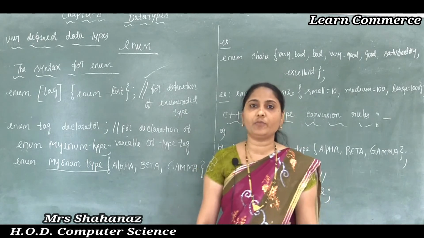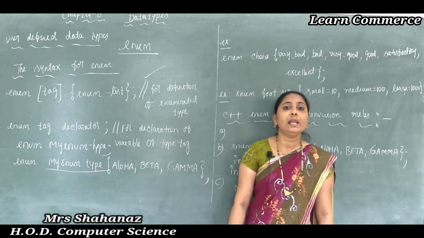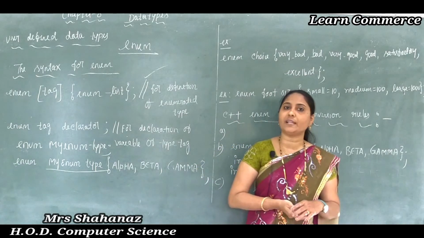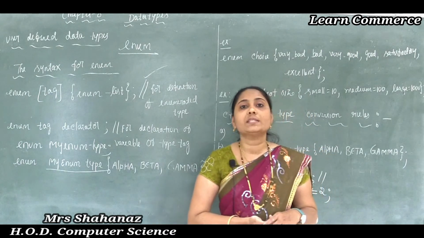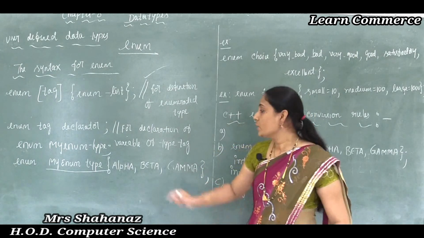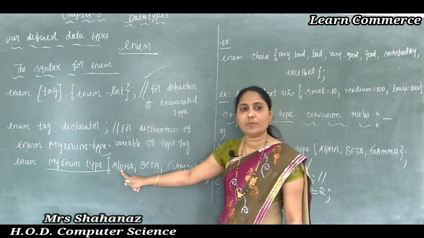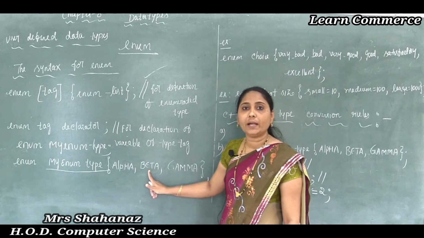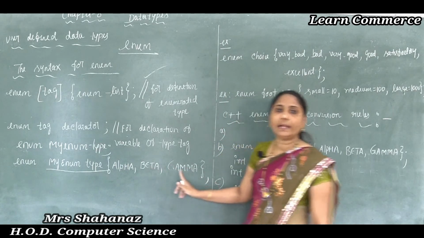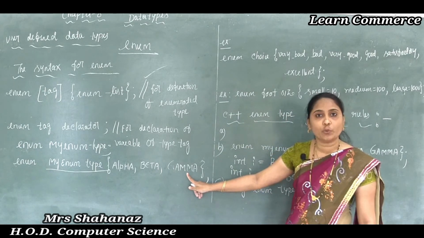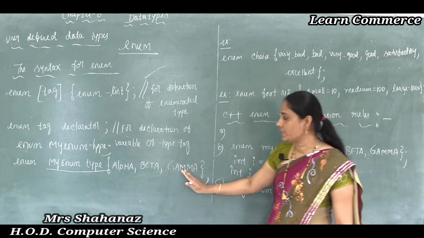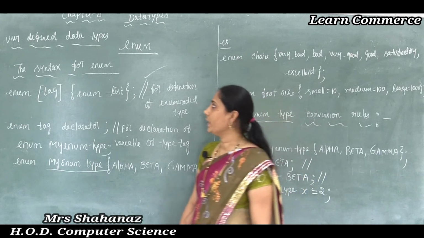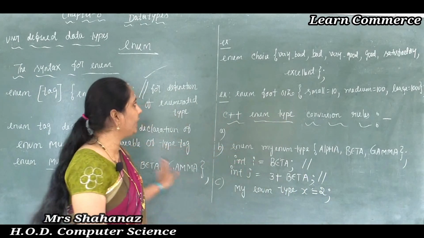So we know that if no values are provided to the list of the enum type, then it automatically assigns the values 0, 1, 2. So here alpha takes the value 0, beta takes the value 1, and gamma takes the value 2. So this is the example of the enumerated type.